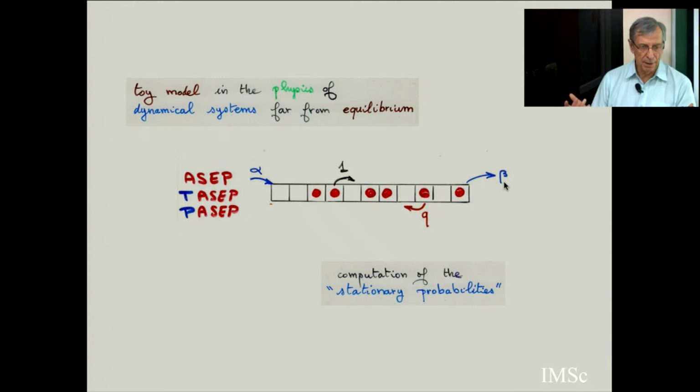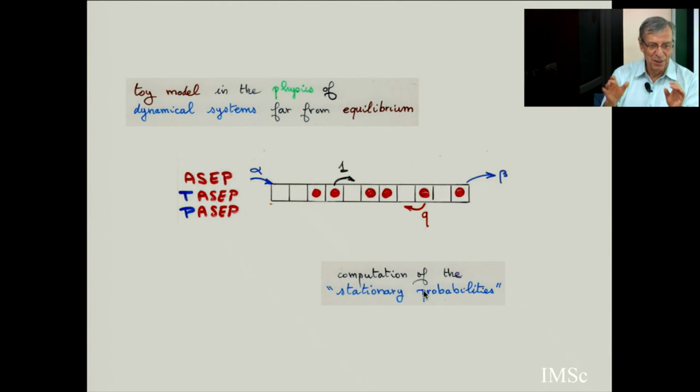So this is the three-parameter PASEP. You can enter the strip with probability alpha, you can get out with probability beta, and you can move inside with probability 1 to go to the right, probability q to go to the left. What the physicists want is a computation of what they call the stationary probability, which means after a very long time, you give a state, for example full of particles, or empty.